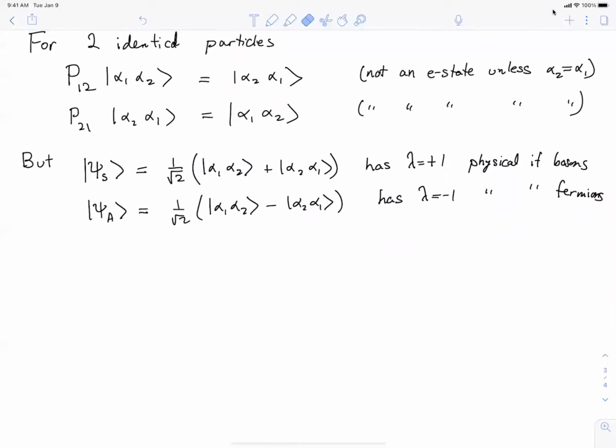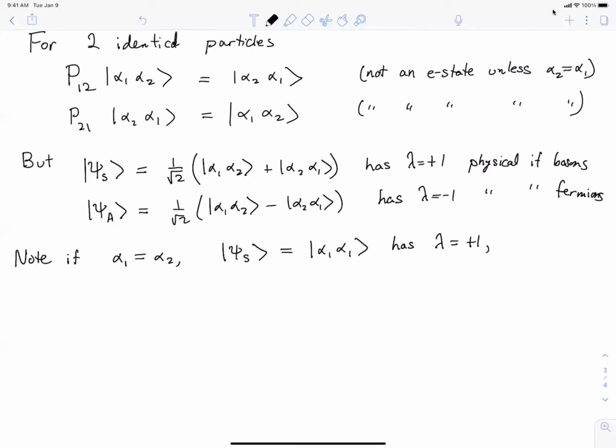Okay, so note that in particular, if alpha 1 does happen to equal alpha 2, then for the symmetric combination I shouldn't have written the 1 over square root of 2. I should have just written alpha 1, alpha 1. And that has definitely lambda equals +1, so it can only be a boson state, because the antisymmetric linear combination is just the null ket, which is definitely not a physical state.